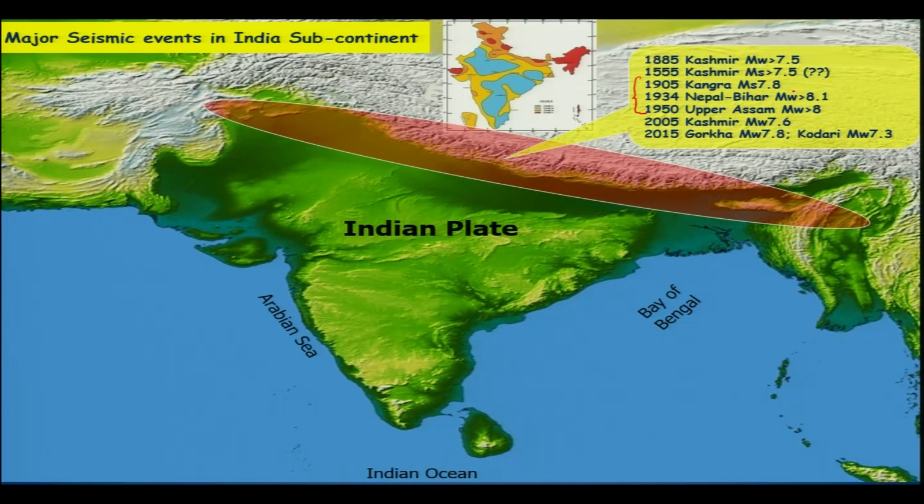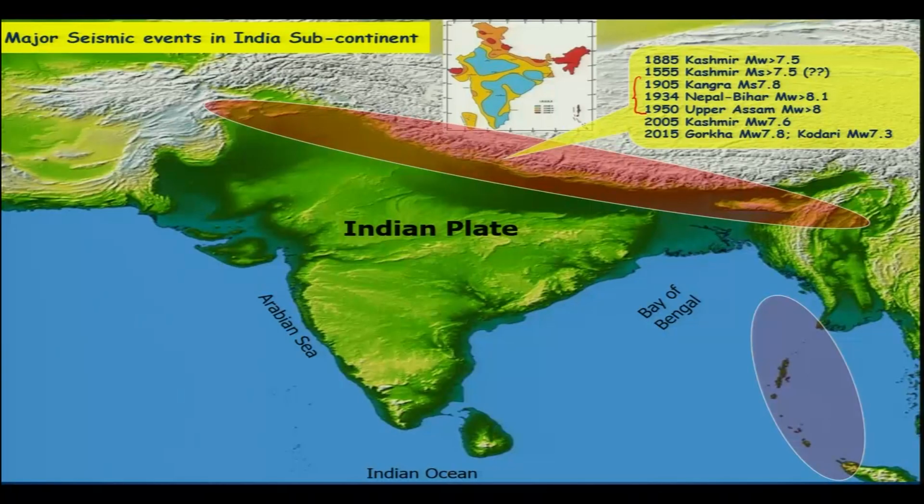The answer is no. There are many more which remain unrecorded, or which were recorded but we don't have the data with us. So, paleoseismology helps us in reconstructing those events which have occurred during historic and prehistoric time, or we can say up to the last 10,000 years.